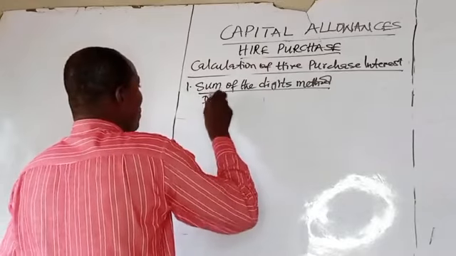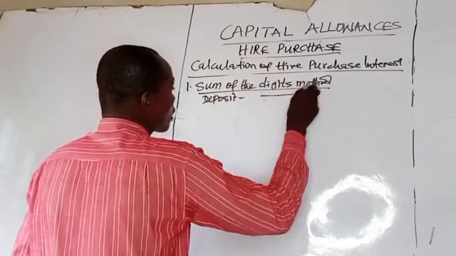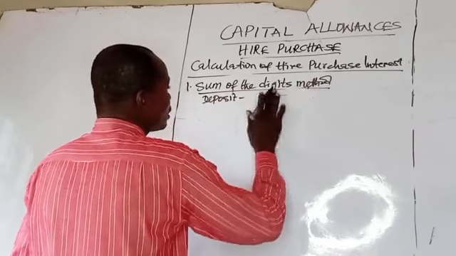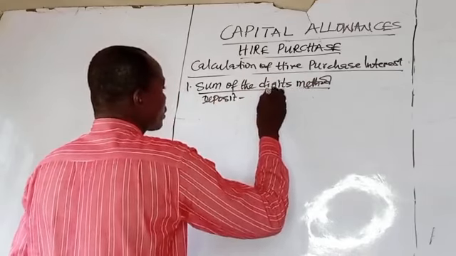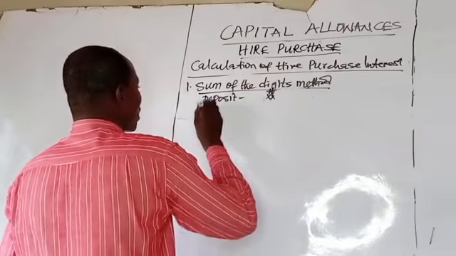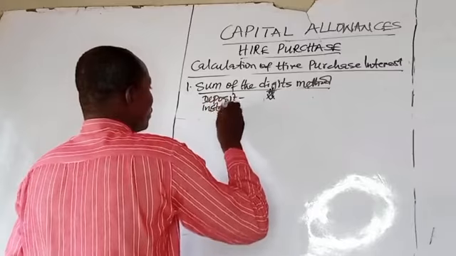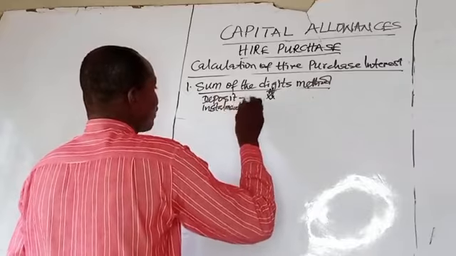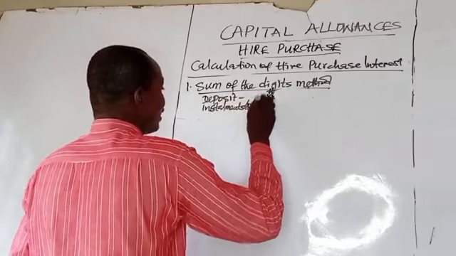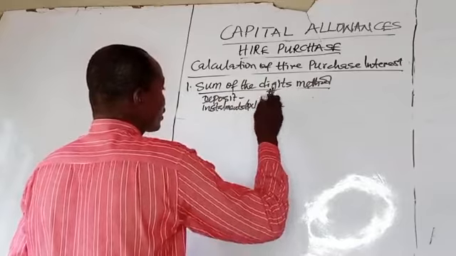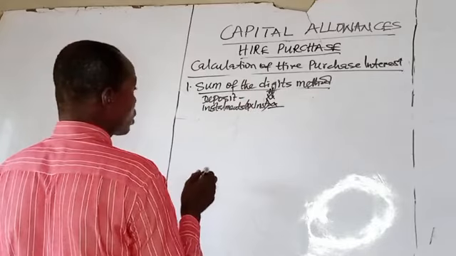So you may have deposit, then plus installments, which is 4 times installment, just like what I've done in the first case under straight line method.